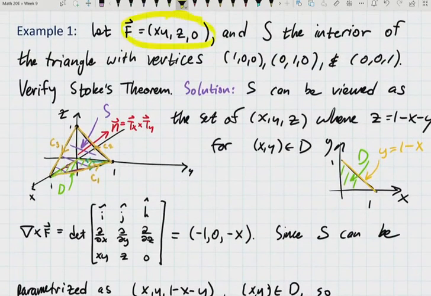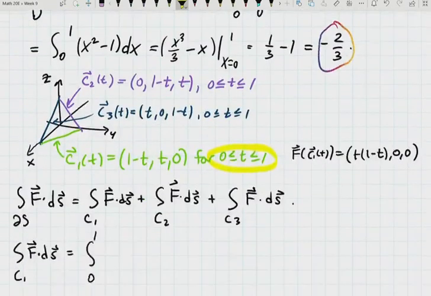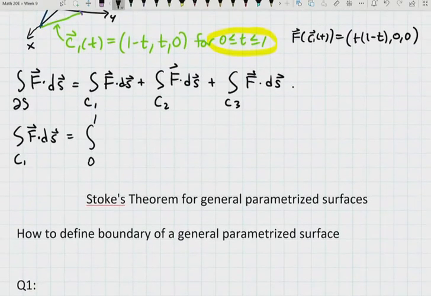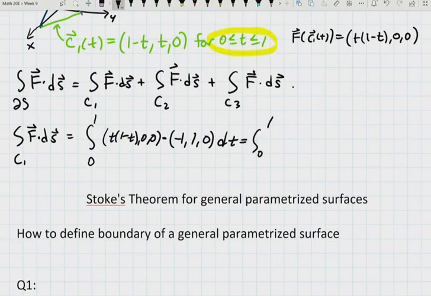So that turns into (t(1 minus t), 0, 0) dotted with C1 prime, which is (-1, 1, 0). That's t squared minus t.